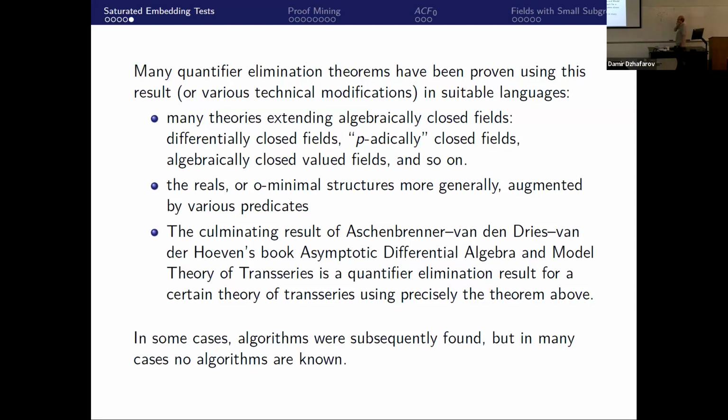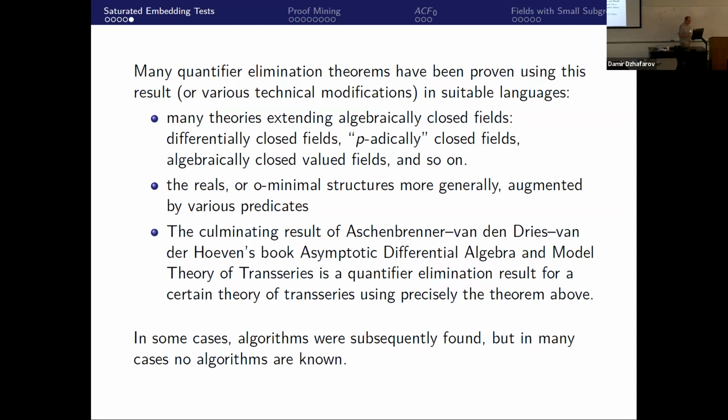Also, we'll see an example at the end of the talk. A lot of theories that look like the reals, or more generally like o-minimal structures, plus some additional sets. So you take something like the reals and you add a predicate that tells me which real numbers are of the form 2 to the z for an integer z.